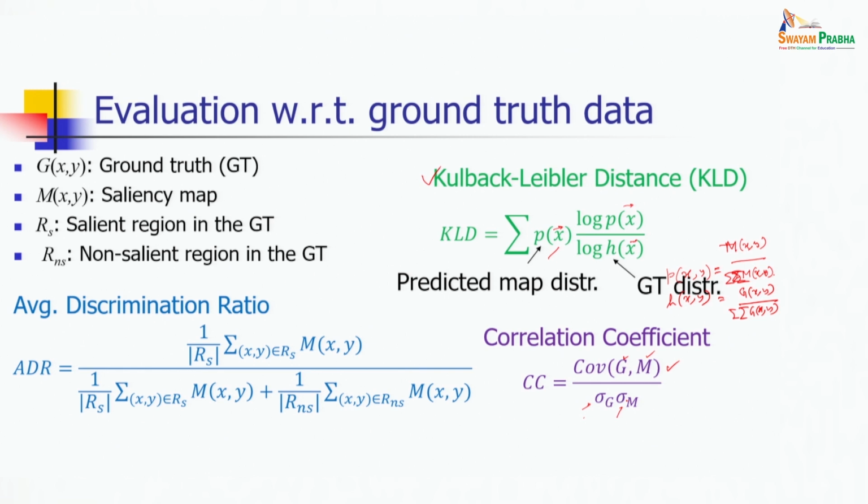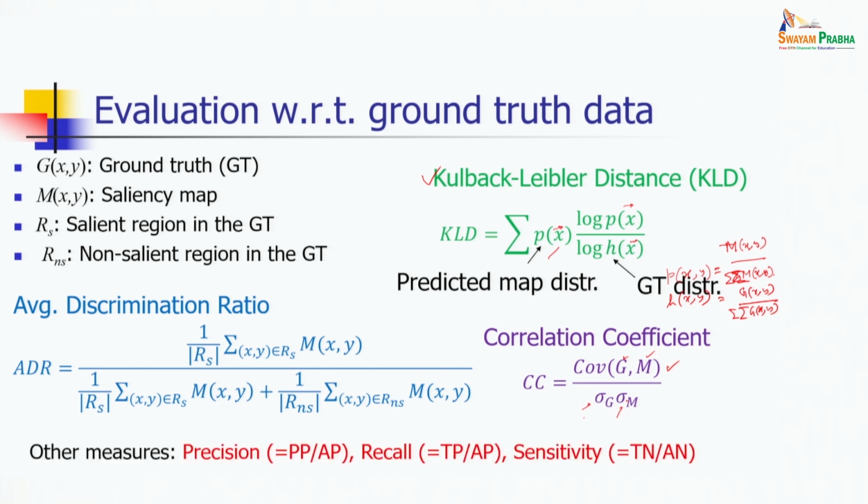We can define its precision, and its recall or sensitivity. A true positive is a salient point which is in the computed map and also in the ground truth.